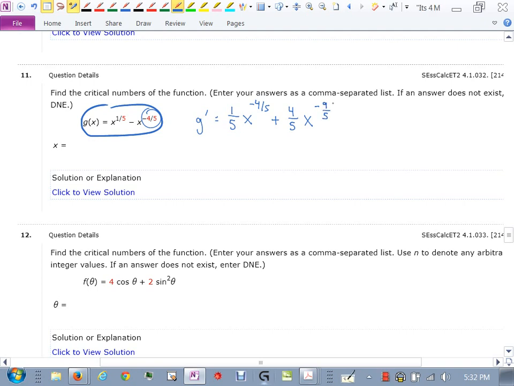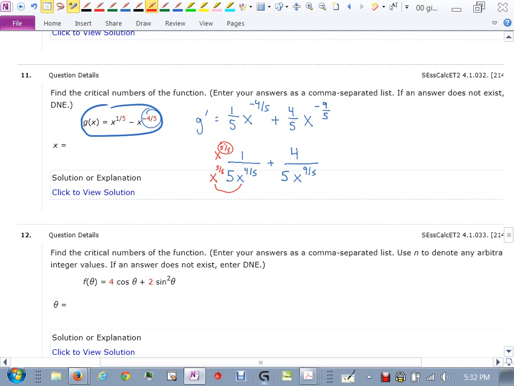And now I need to figure out what this is. So this is 1 over 5x to the 4/5, bringing it down to the bottom, plus 4 over 5x to the 9/5. I need to have the same denominator, so I'm going to multiply x to the 5/5 here, x to the 5/5 here, so that when I multiply these two, I add the exponents. 5/5 plus 4/5 is 9/5.